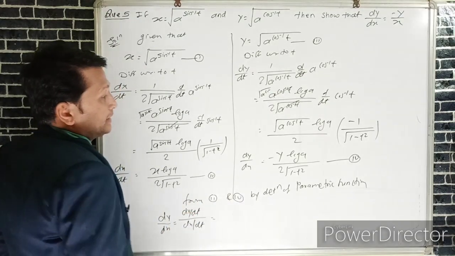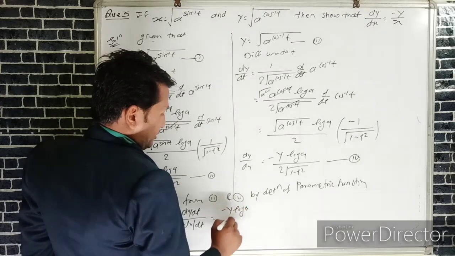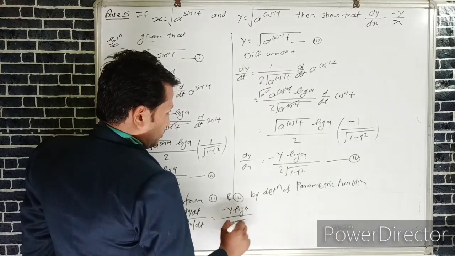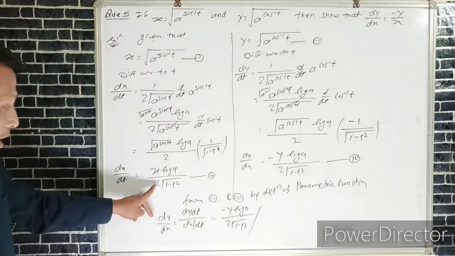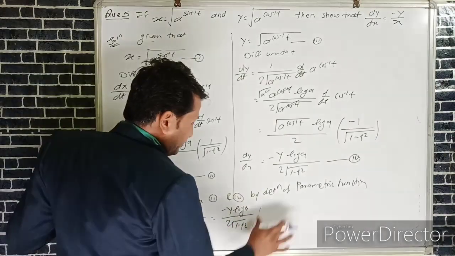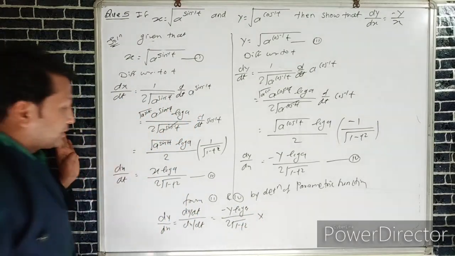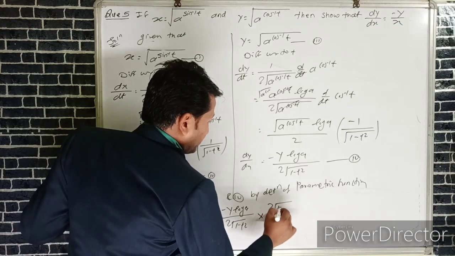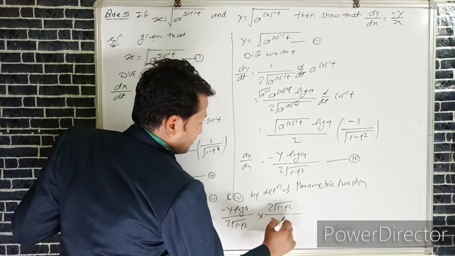Here dy by dt is minus y log a upon 2 under root of 1 minus t square, upon x log a upon 2 under root of 1 minus t square, which we write in multiplied form by interchanging numerator and denominator.